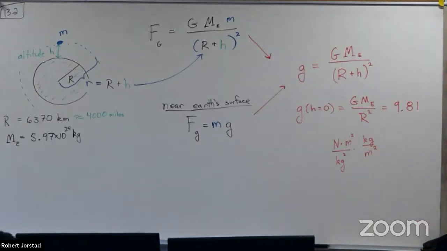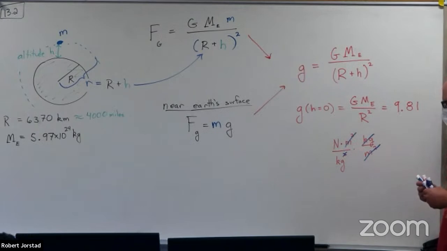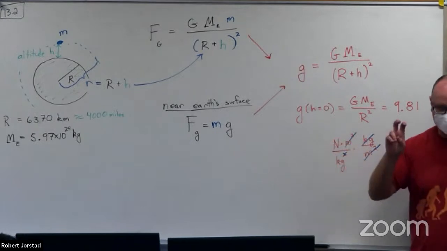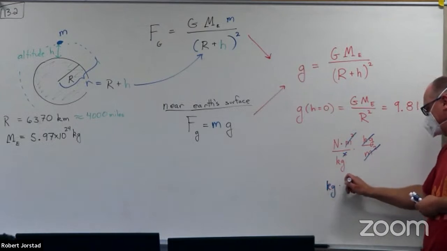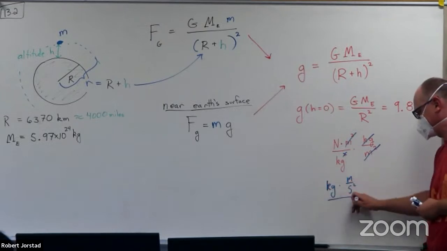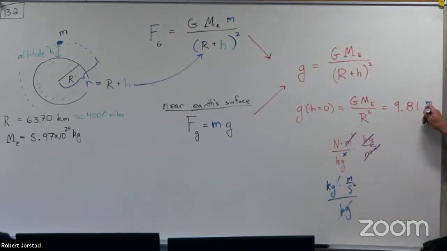So now that drops out. This drops out one of them. But a newton is like an mg. So a newton is a kilogram times a meter per second squared divided by a kilogram. Okay, so far so good?